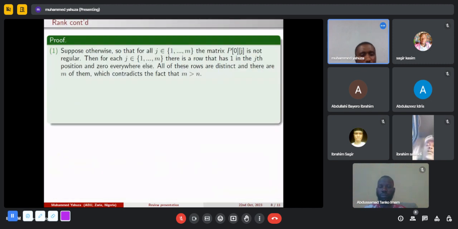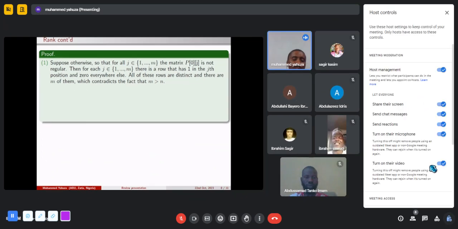Now the proof. Suppose otherwise, for the first one, so that for all j in 1 to m, the matrix P(0; j) is not regular. Then for each j in 1 to m, there is a row that has 1 in the jth position and 0 everywhere else.